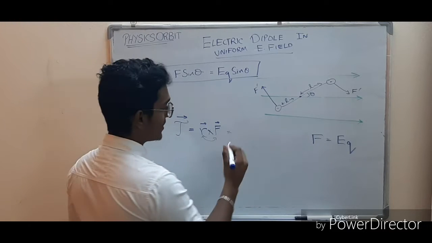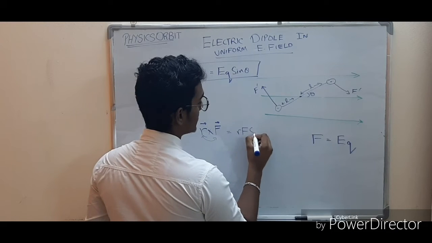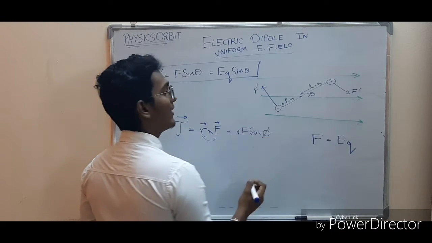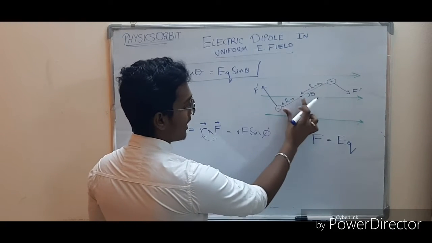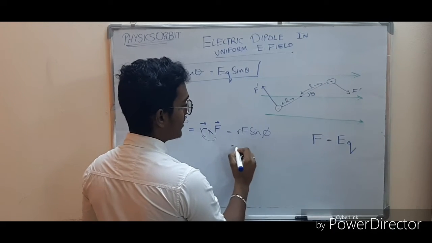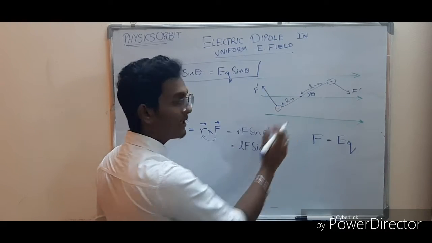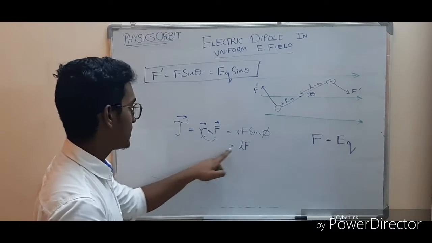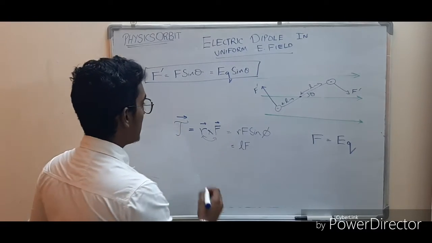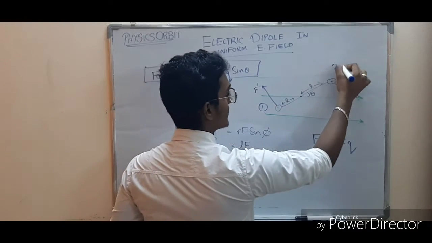So let me name this one as sine phi. RF sine phi, where phi is the angle between R and F. What is the angle between R and F? Well, R in this case is L, so LF sine phi. It's 90 degrees. So sine phi is sine 90, which is equal to 1. So this is the torque LF due to side 1.